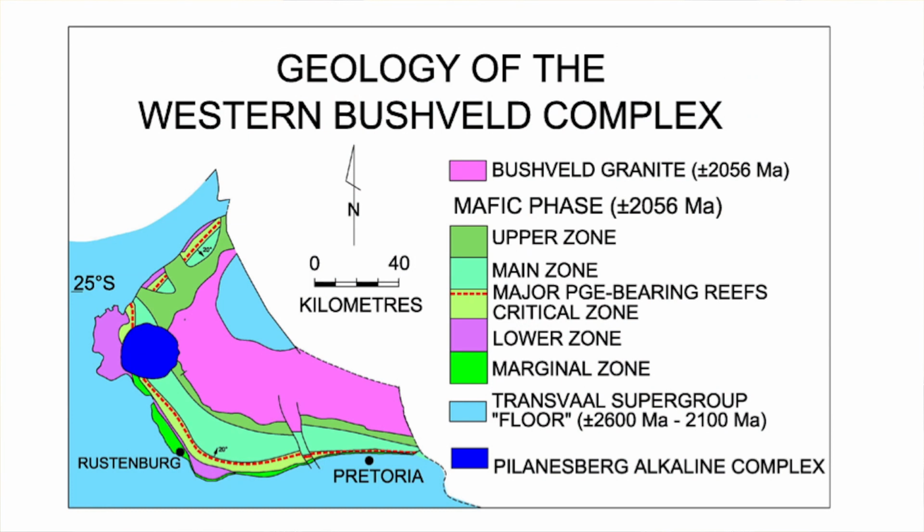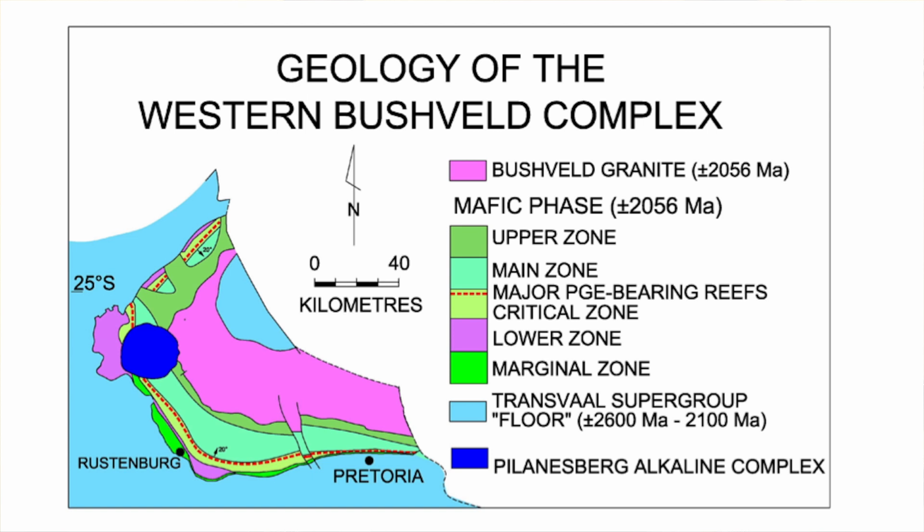So this is a more detailed geological map now of this area, showing you the different rocks and their ages. So we have the Crocodile River fragment there at Brits, which is a big down-thrown block, the Pilanesberg alkaline complex, and then the various zones, and then the major platinum-bearing reefs in the critical zone, the Merensky Reef and the UG2 Reef.